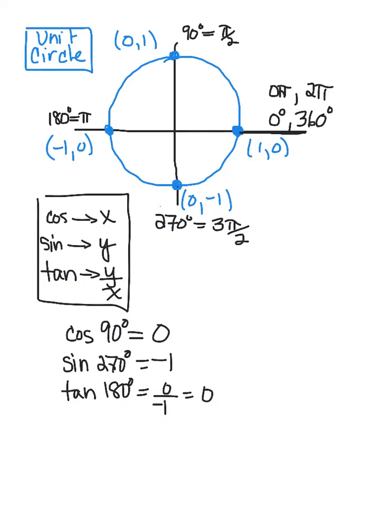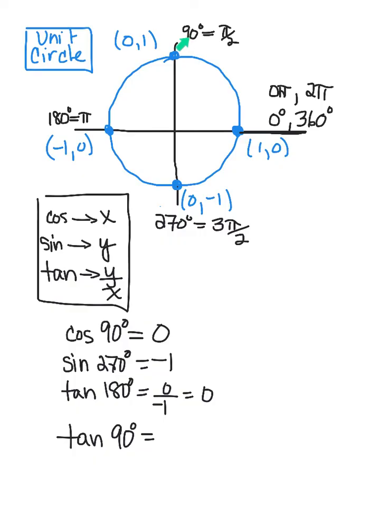Okay? All right, and I lied. I'm going to do one more for you because I want you to see something. What if I asked you for the tangent of 90 degrees? Okay, so I would say, all right, tangent is y over x of 90.